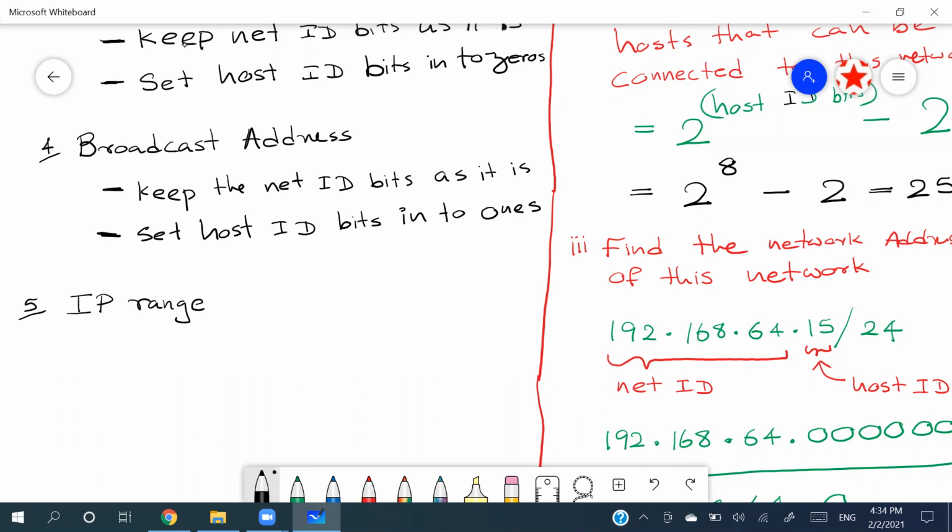Yeah, there are two concepts which are IP range and usable IP range. What I was telling you is the usable IP range. First, I'll write the IP range. IP range is a simple concept. IP range means from network address to broadcast address.